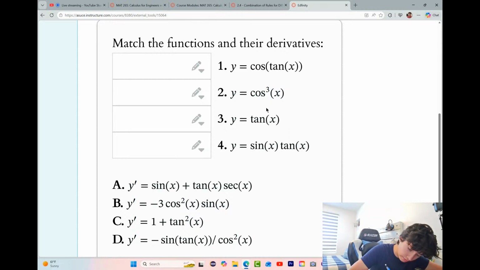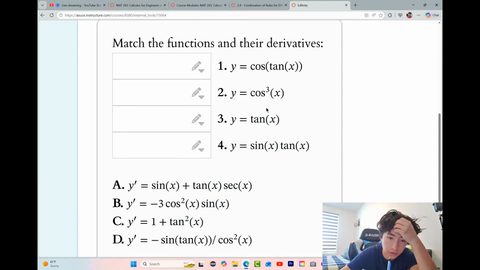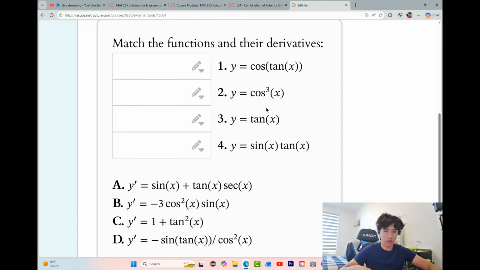Negative sine of tangent of x. Okay, and what are the choices? The derivative of tangent of x is secant squared, I believe. Is there any secant squared in here?